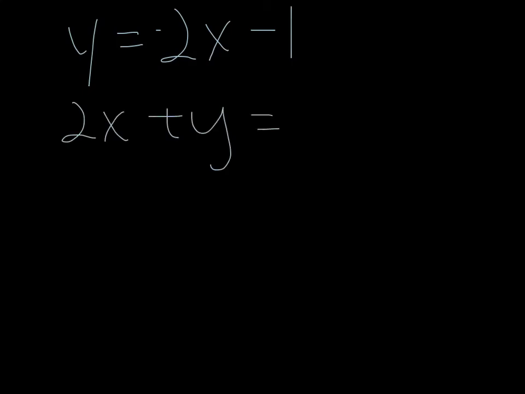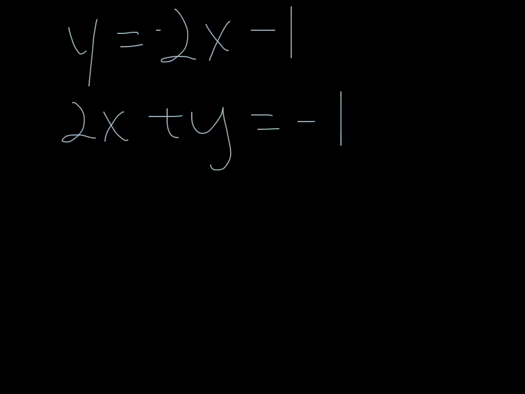The equation would be y equals negative 2x minus 1. And from there, it's very easy to put it back into the same general form that the first equation was given to us. So move the 2x over, it turns into 2x plus y equals negative 1.